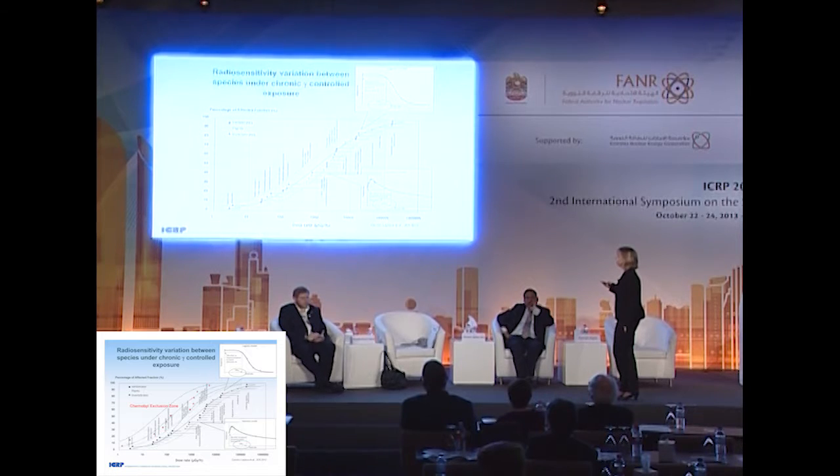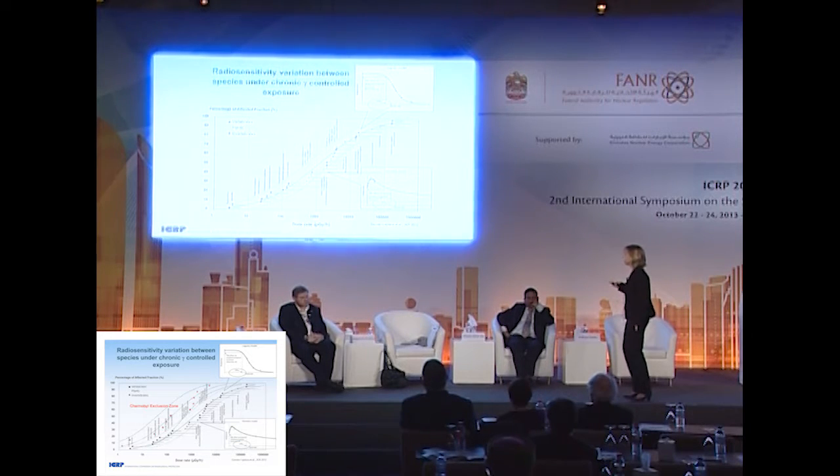All species have been allocated to a wildlife group among plants, invertebrates, and vertebrates. So you see that the radiosensitivity of species varies over 6 orders of magnitude, from the most radiosensitive to the most radioresistant.